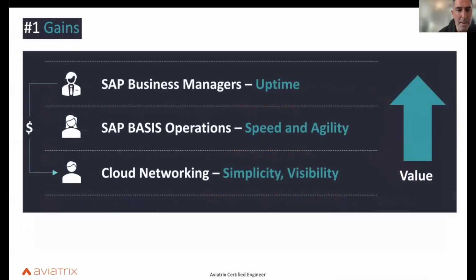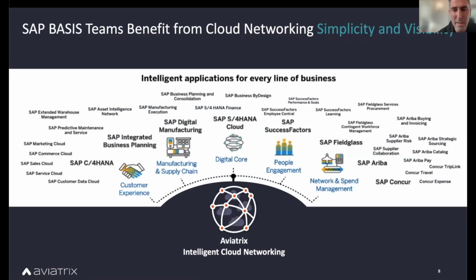So what ends up happening is, as you, at the networking layer, create simplicity and visibility, the basis operators now have speed and agility, and now the basis managers have more confidence in their uptime. And this simplicity and visibility can be across all the different SAP services, right?